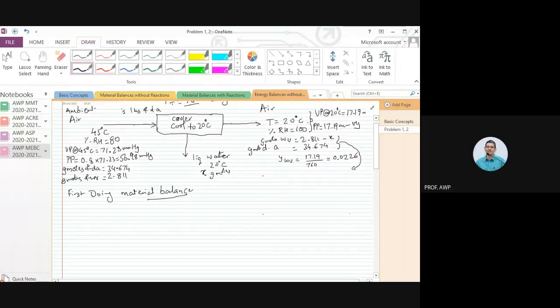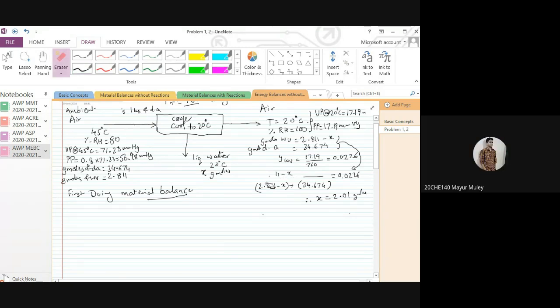And I wrote the relation in terms of X as well: (2.811 minus X) divided by (2.811 minus X plus 34.674) is equal to 0.0226. I solved for X, which came out to be 2.01 gram moles.